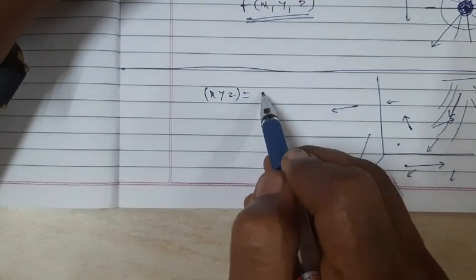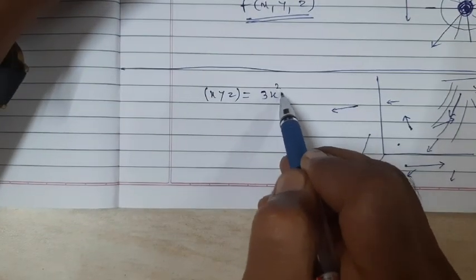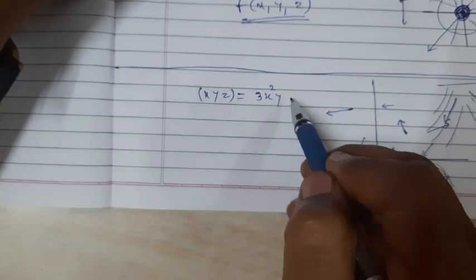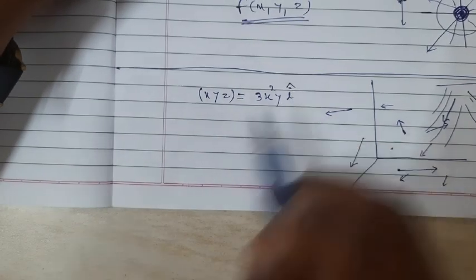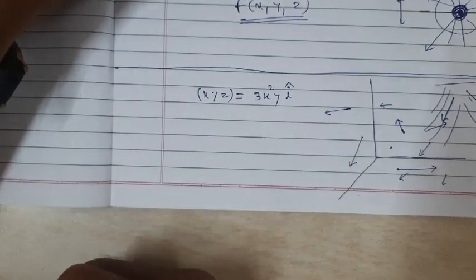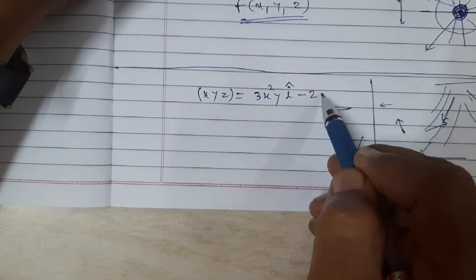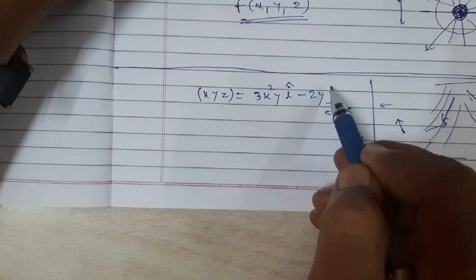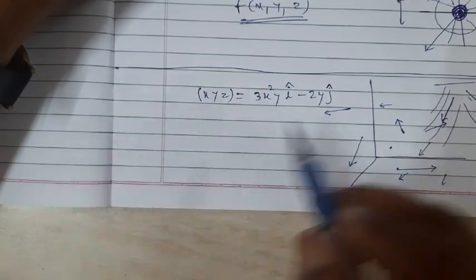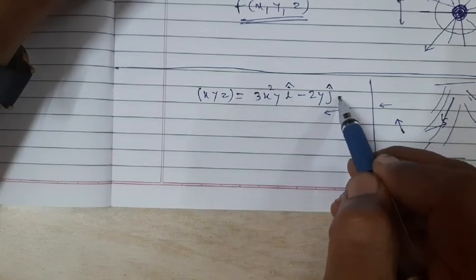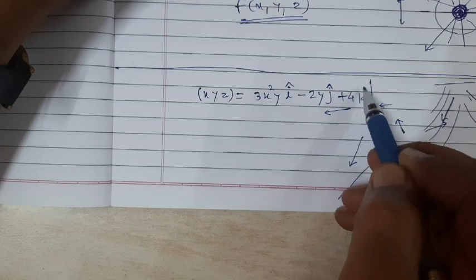I will have to write, say for example, 3x square y will be the value, but if it is along x-axis, then I will have to write it is i cap, minus, suppose the value is 2y, it is along j cap, that is minus 2y j cap, and if the value is plus 4 along k cap.